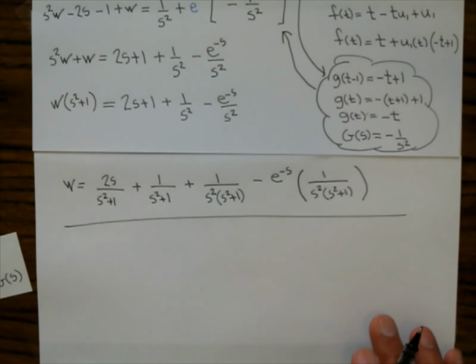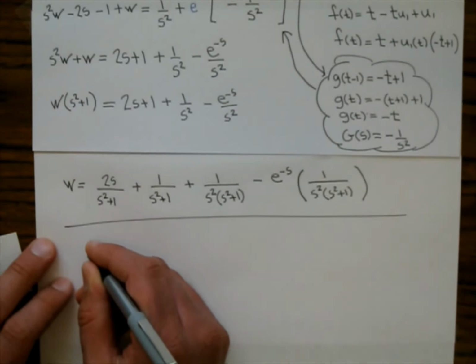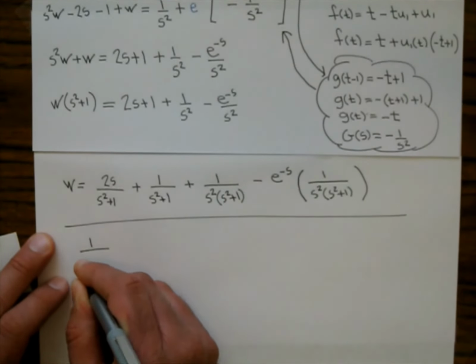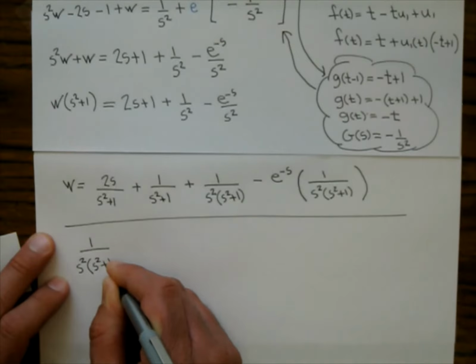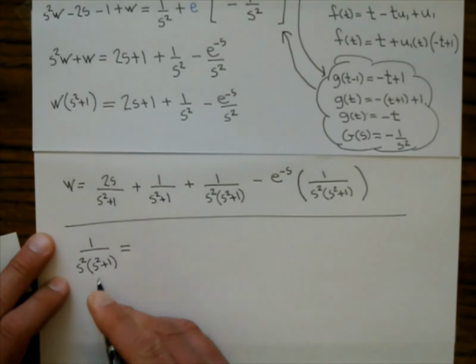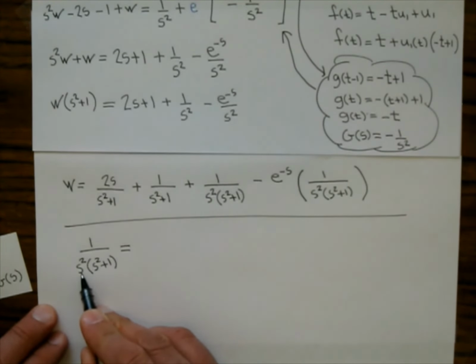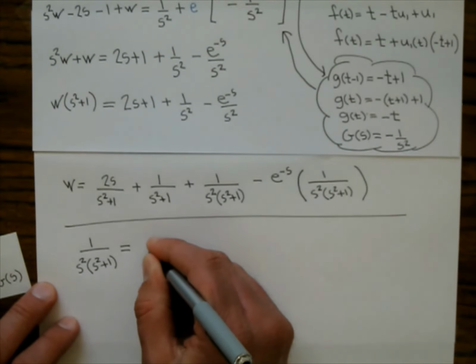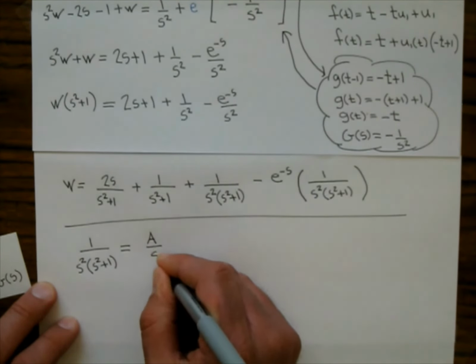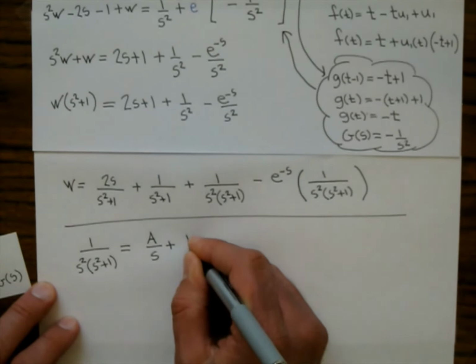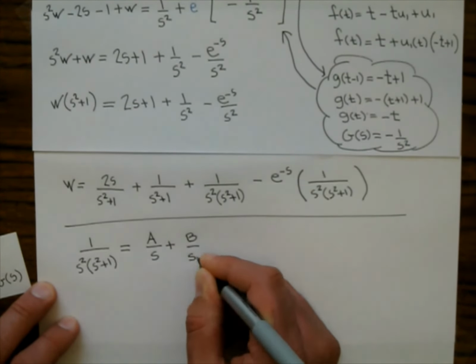Our favorite thing to do, I guess. I don't know. Let's do this. So this is 1 over s squared, and then we have s squared plus 1. I'm going to treat this as a linear factor and build it up. So I'm going to go a over s plus b over s squared.